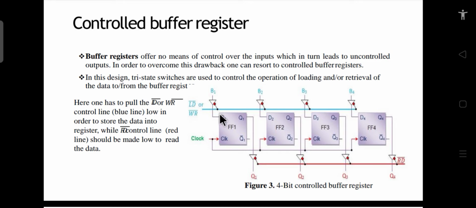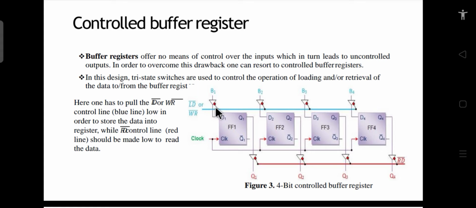The basic idea is, whenever this load input is 0, then in one condition you will not be able to write on the flip-flops, whereas in the other condition we will be able to write on the flip-flops. So we use this tri-state buffer. This tri-state buffer has 3 states. The red dot which you can see is the control input of this tri-state buffer itself.